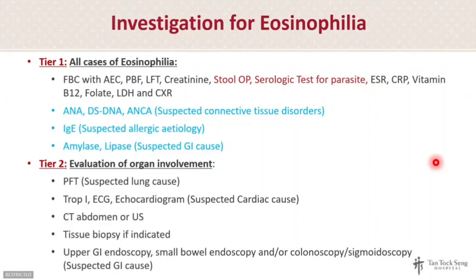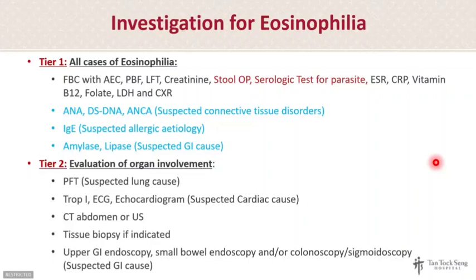If you have a serologic test for parasites like strongyloides serology, then ESR, CRP, vitamin B12, LDH, and chest X-ray as well. If you are suspecting a connective tissue or rheumatological disorder, then you can send ENA, dsDNA, or ANCA as well. If you are suspecting an allergic etiology, you can send IgE if you have. And if a GI cause is suspected, then amylase and lactase.